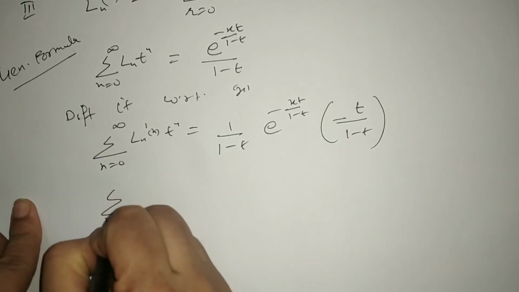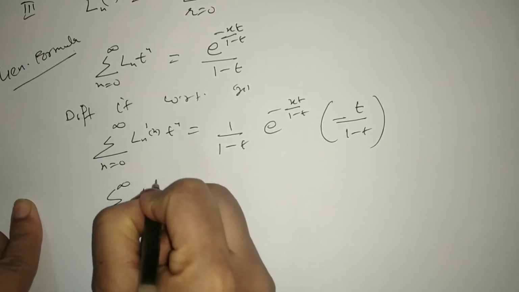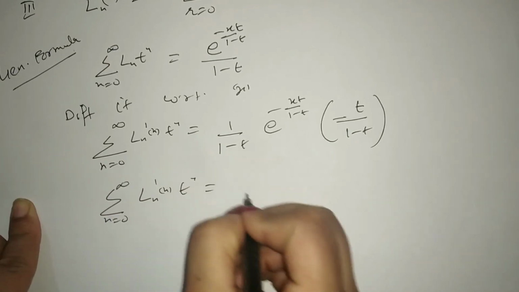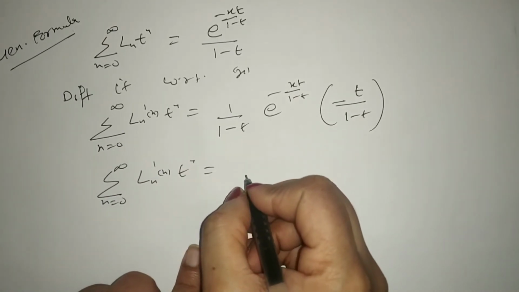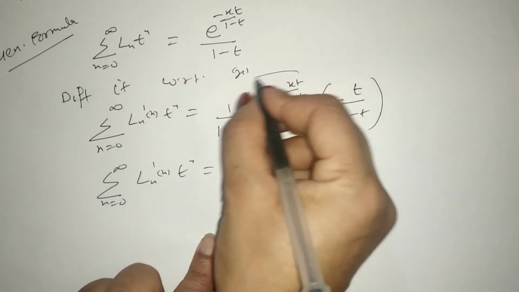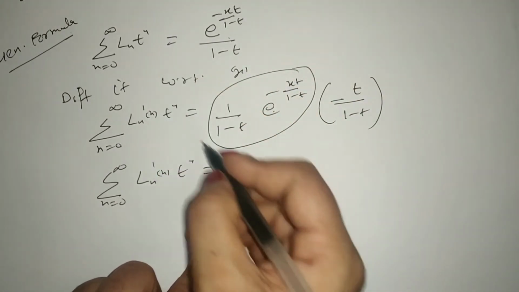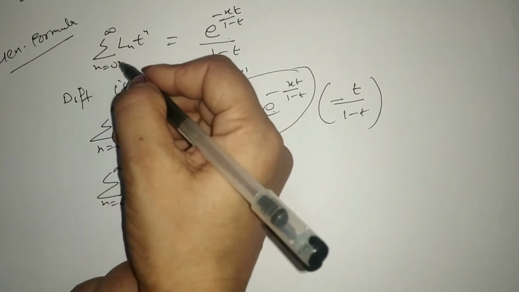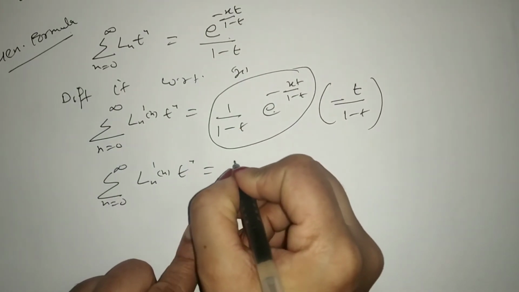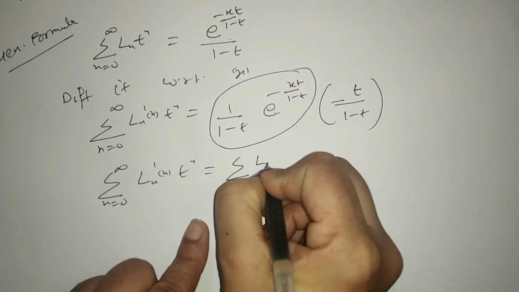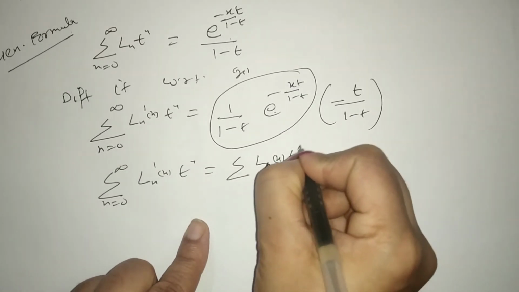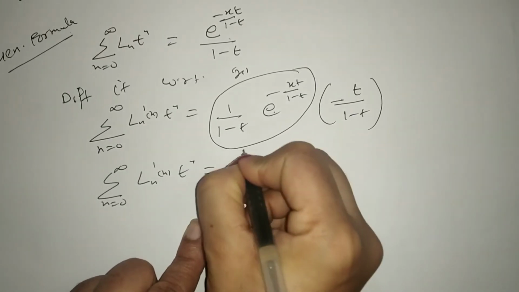Now this is the summation of L_n'(x) t^n, and again we write the generating formula, but in place of n we are going to write r. So this is the summation of L_r(x) t^r, where r varies from 0 to infinity.